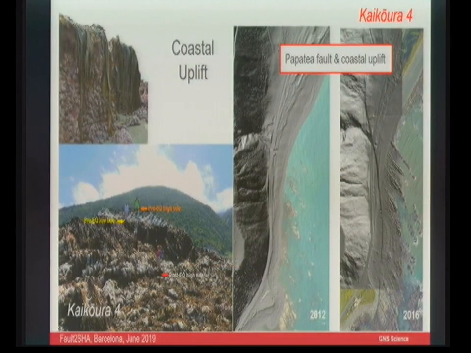Here's some LiDAR from before and after, 2012 LiDAR from Peia along the coast. And this is the Papatea Fault as it ruptured across the beach ridges. So anybody that tells you that you cannot rupture sand on a beach, it can happen. And did happen, and between the two strands here was the very high area, quite localised uplift.